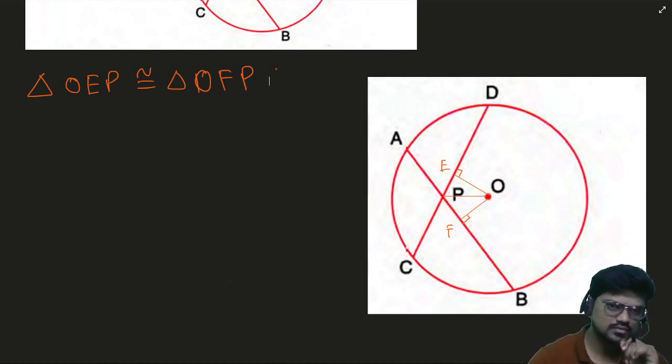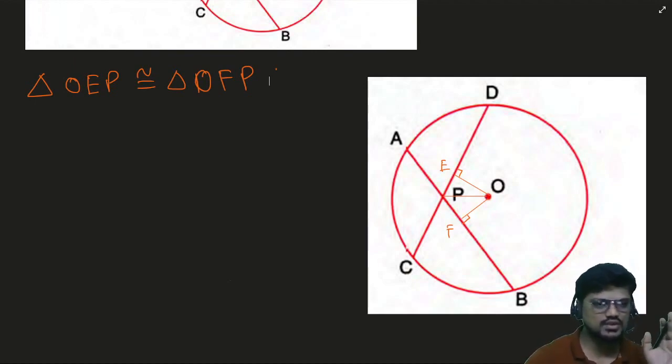So sir, SAS. Sorry, you only told us that when a line comes from the center and hits a chord, it bisects the chord, if it is perpendicular. So that's a chord.